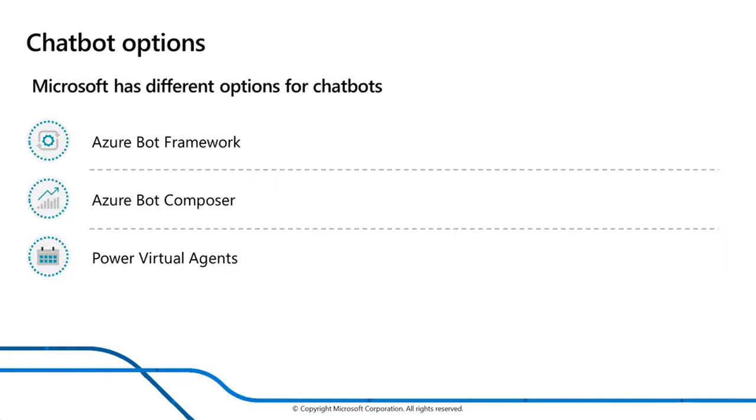I said that you can use Power Virtual Agent, which is one of the options and the easiest way to build a chatbot. But you can even rely on any other options that are available. You have the Azure Bot Framework. If you still want to develop your own chatbot, you can rely on the Azure Bot Framework and start from .NET and a model, the .NET model, and start building your own chatbot.